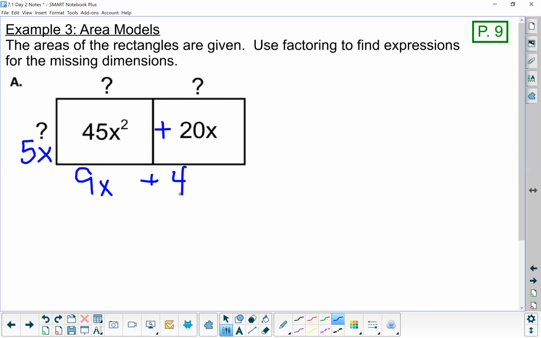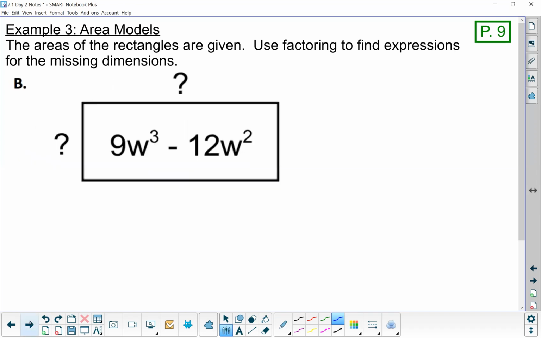So if I factored it the way I did the last example, it would be 5x and then in parentheses 9x plus 4. This one, the line isn't written in the middle, which I actually prefer, it just gets in the way. 9w to the third minus 12w squared.